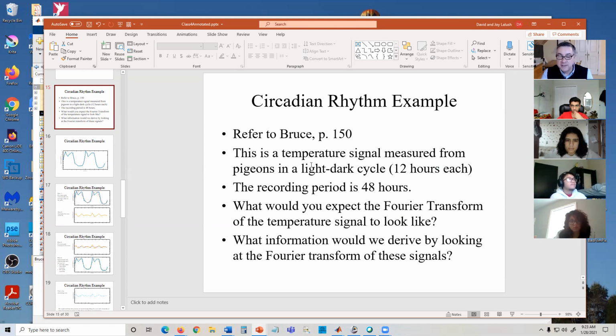In this experiment, somebody measured body temperature for pigeons, and they were in a room that had a 12-hour light dark cycle, and they're interested in studying circadian rhythm. Why you want to do this, I don't know, but it's a biomedical signal, so we'll go with it. The recording period here is 48 hours. So they basically did 12 hours on, 12 hours off, and then repeat.